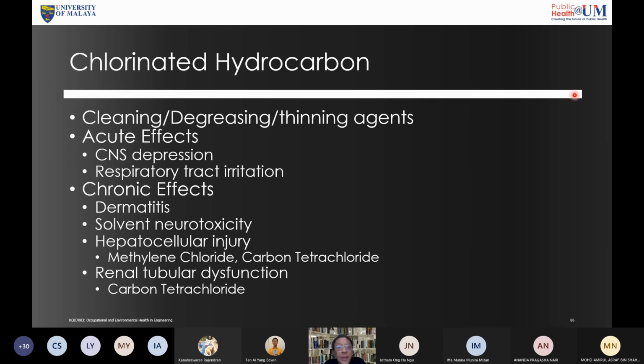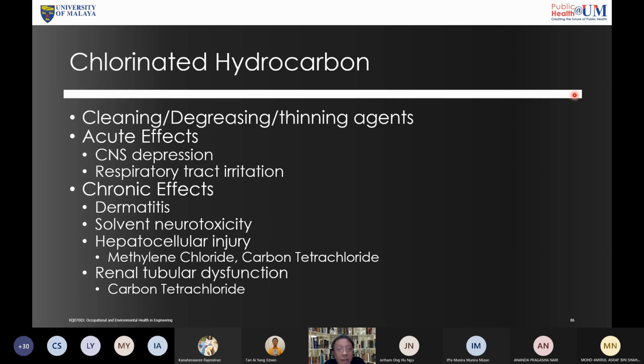So it depends on the chemical. Chlorinated hydrocarbon is basically hydrocarbon that contains chlorine, used in cleaning, degreasing and as a thinning agent. Acute basic effect: it causes central nervous depression and respiratory tract irritation. As we mentioned, respiratory tract irritation will cause pneumonitis, or then pulmonary edema.